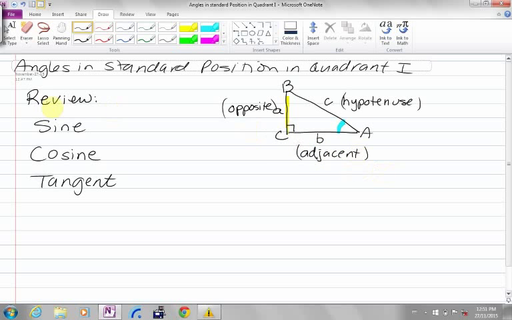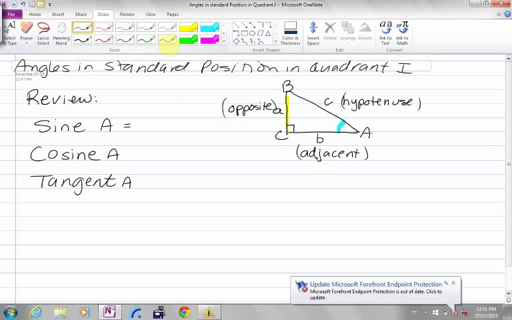All right, so now we're ready to talk about the sine, cosine, and tangent and what they mean in relationship to this triangle. So the sine of A is what 2 sides? No, you should just remember it.